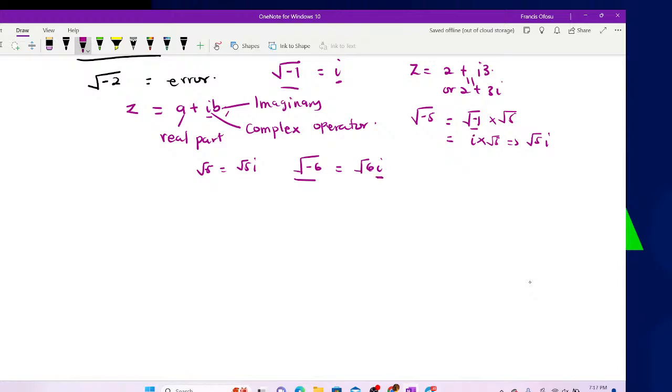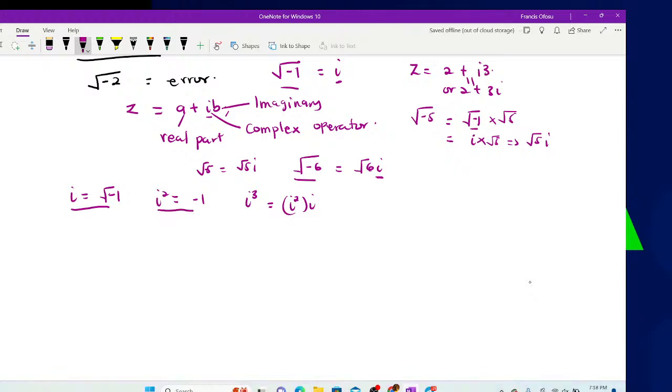So let's see i and the powers of i. i is equal to square root of -1, right? If I square both sides, I get i squared equal to -1. What if I have i cubed? i cubed is simply equal to i squared multiplying i, right? From the complex operator's symbol, i is always the square root of -1, and i squared is always -1.